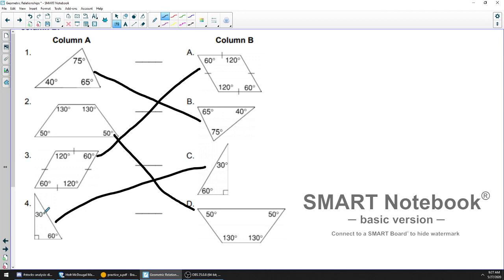They both have 30-degree and a 60-degree. The only difference is a shape is reflected. Okay? Other than that, all of these matched with something that has the same shape and same size.